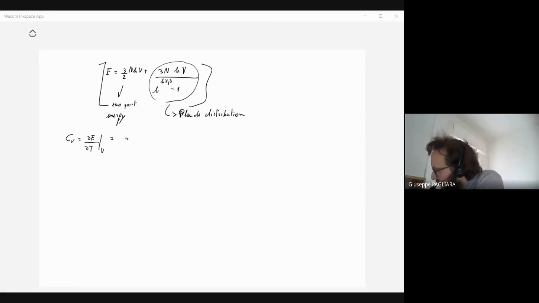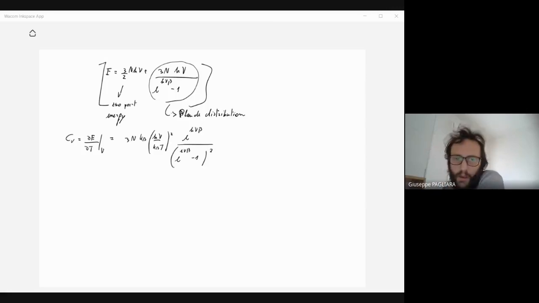It's equal to 3N kB, then I have h nu divided by kBT squared, e to the h nu beta divided by e to the h nu beta minus 1. And this can also be done as an exercise if you want to try it. And I think it should be correct.